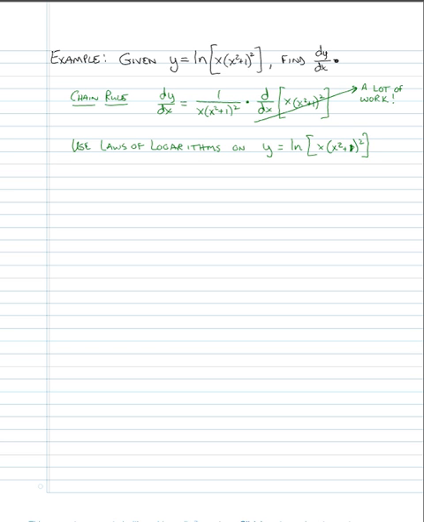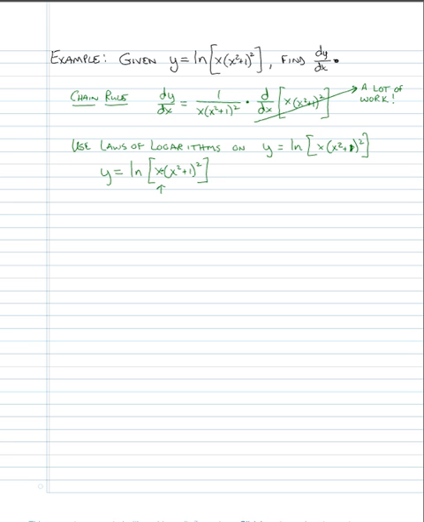So here's what I mean. I'm going to rewrite the whole thing down here. y is equal to natural log of x times (x squared plus 1) squared. And what I need you to concentrate on right now is that this is a product between x and that squared stuff.